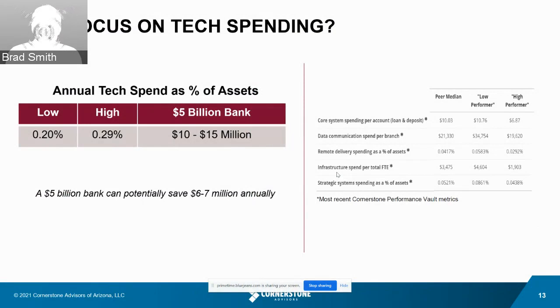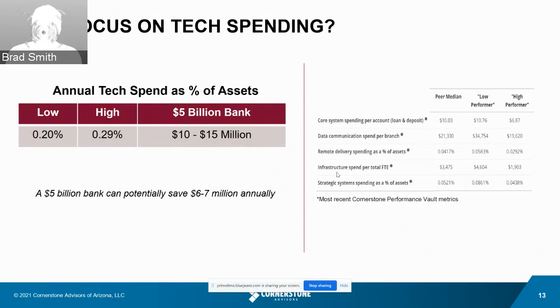So $10 to $15 million in non-interest expense, a sizable number, but it's a wide-ranging number. And I've been doing this for 30 years, there still is no clear metric that says the more you spend on tech, the more efficient you are, the more profitable you are. There's not a one-to-one correlation because there's a whole lot that goes into it, which is another way of saying you've got some variation in there.